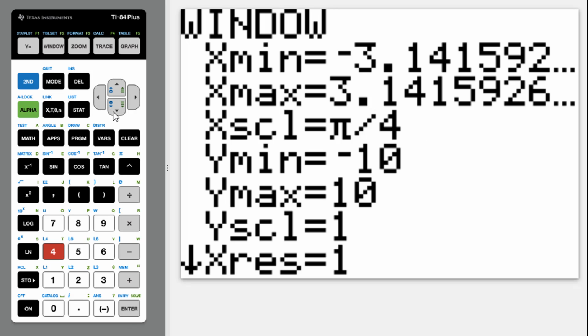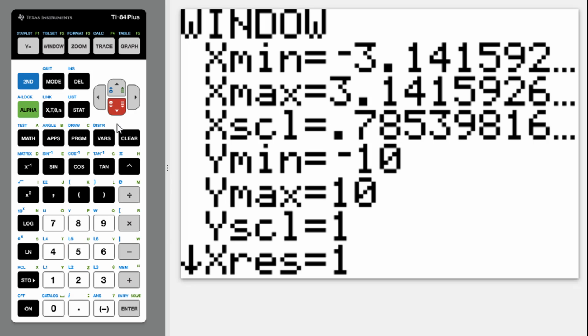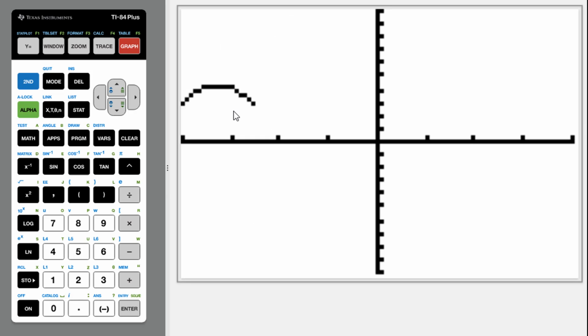For the y minimum and maximum, after we check the graph, then we can make some more changes. Go to graph. We know the roots will be our solutions. This part is not clear, so you need to change the window for y.